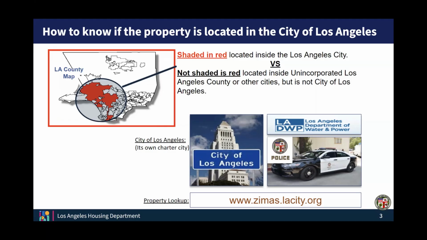You can also go to cemas.la.city.org, and enter your property address, and there, if you find the results, it should indicate you're in the city of Los Angeles. If no results are found, it means you are not in the city of LA. And that is important because the rules today only apply to residential units within the city of LA.